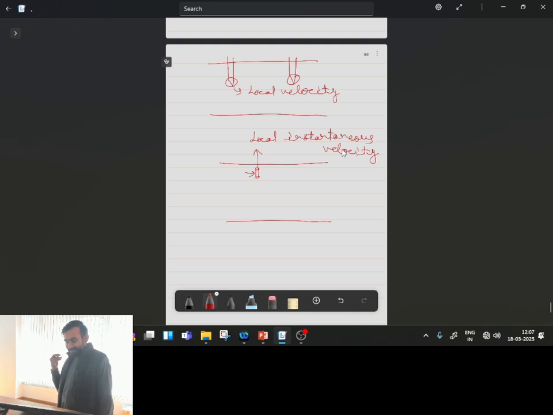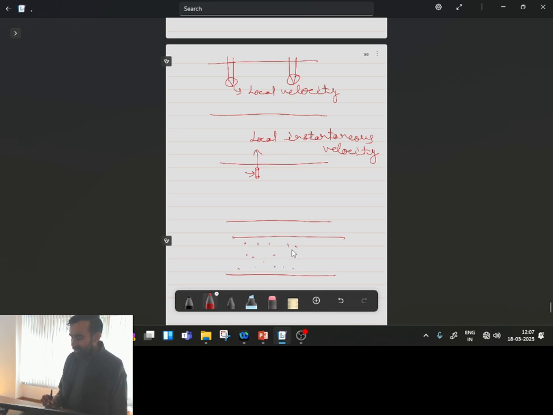In certain scenarios this measurement may be important, however in the majority of situations, measurement of velocity at a single point may not be sufficient to completely define the flow behavior. So our interest may be to know the velocity field simultaneously at each and every point in the flow field.